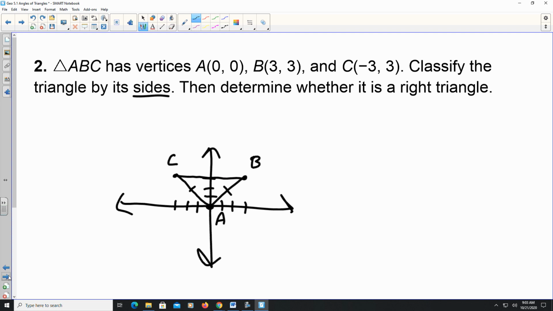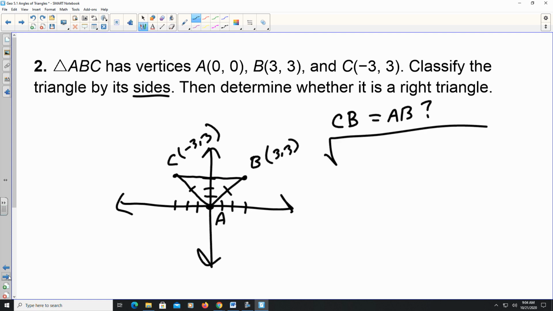The one thing that I do have to look at is whether CB is the same as AB to see if it's equilateral. So this is (3, 3), and this is (-3, 3). So I'm basically trying to see if CB is equal to AB or AC. Let's look at CB right off the bat.